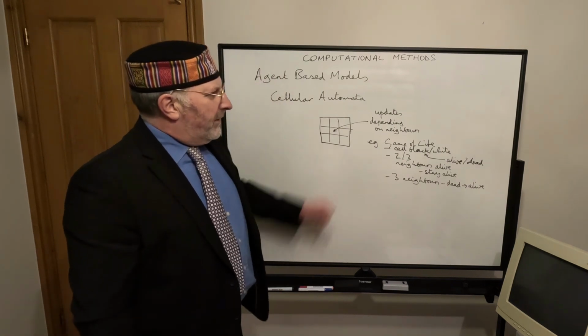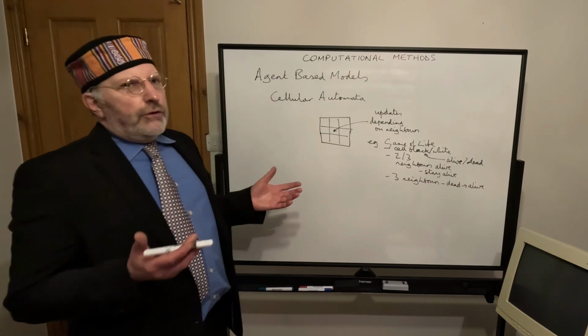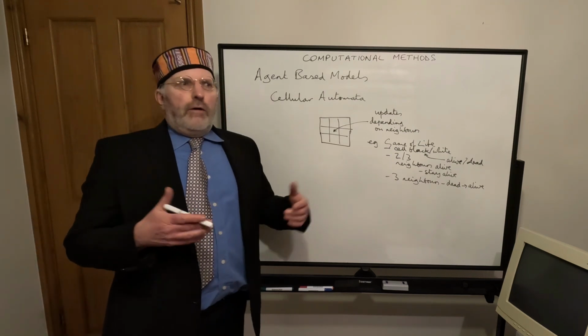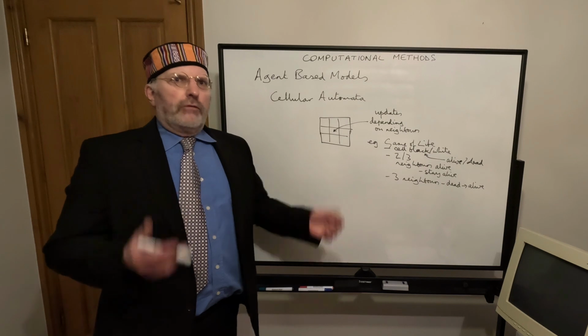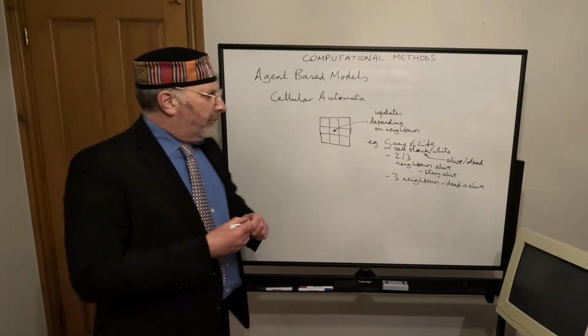And with these very simple rules, you can get very complex behaviour. You can see on YouTube videos of elaborate games of life showing some of the incredible structures that can be produced from this.